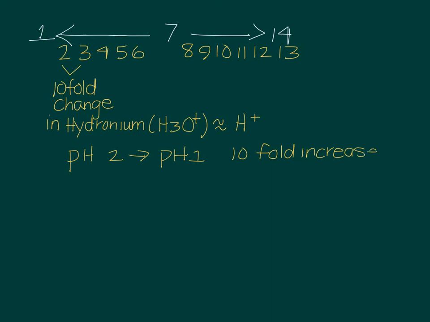If I go from a pH of 4 to a pH of 2, that's 2 placeholders. So that's like 10 times 10.